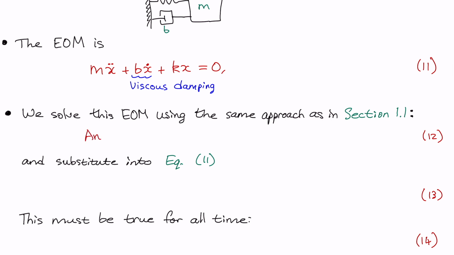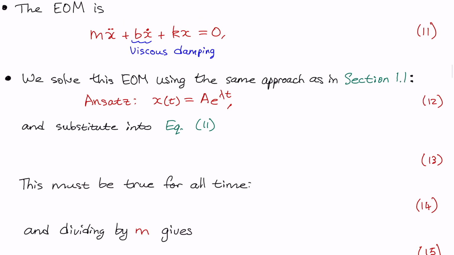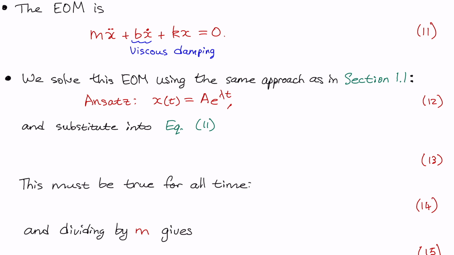And our ansatz is going to be the same in this case. Again, ansatz is just a German word that means educated guess. We're going to guess here that x of t is equal to some amplitude a times e to the lambda t. And we're going to then substitute that into equation 11. That was our governing equation of motion, shown there.